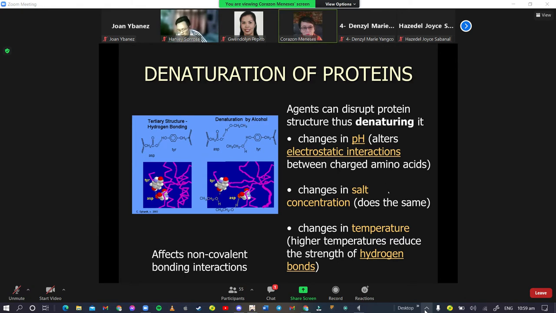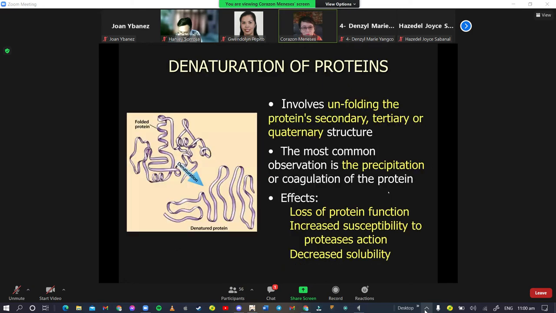Because a lot of things will go haywire inside the body if denaturation of the protein enzymes happens. You now understand why it is important, okay? It will unfold the protein because it can affect the non-covalent bonds that allow the protein to assume its native conformation in the tertiary or quaternary state.